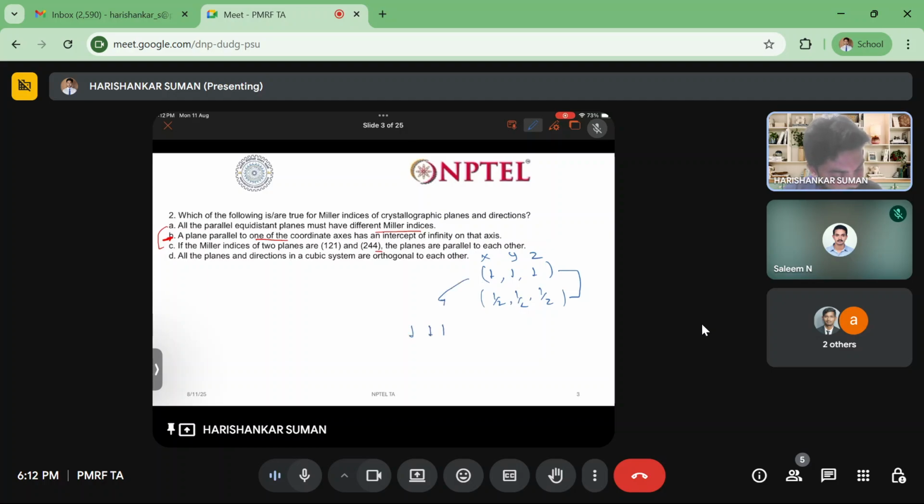Miller indices also take the reciprocal and the simplest form. For that, we get 2, 2, 2. You can divide by the smallest number or multiply. So you can see that parallel equidistant planes do not have different Miller indices; they will be the same.